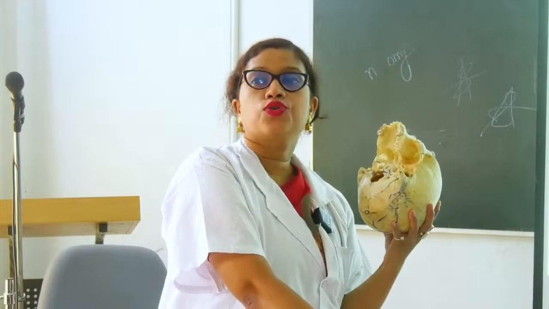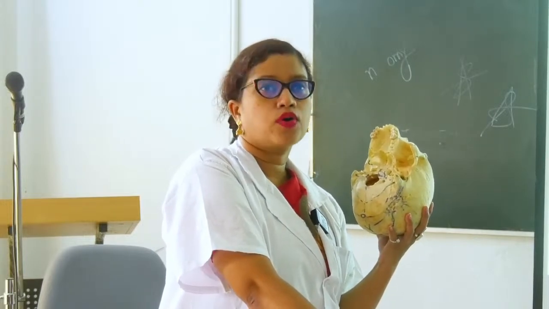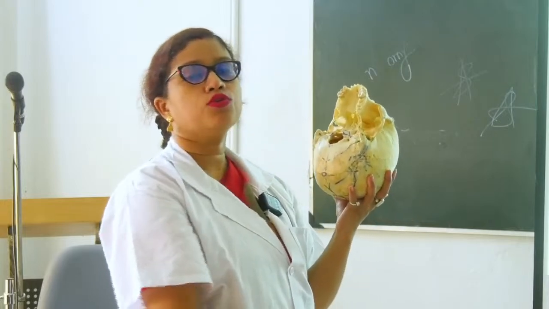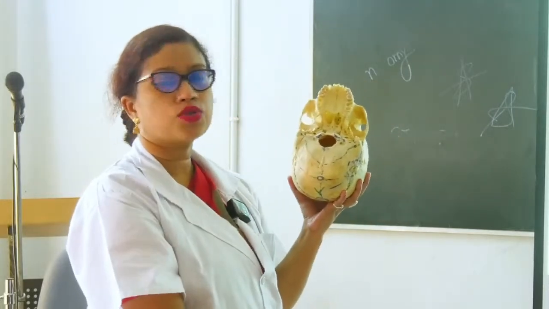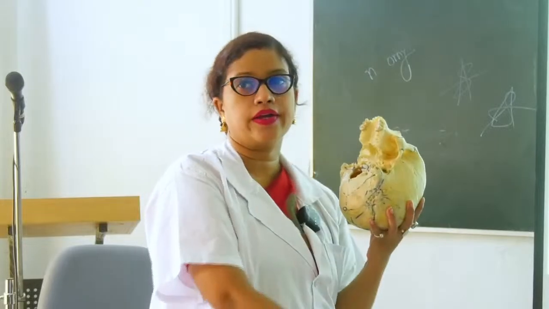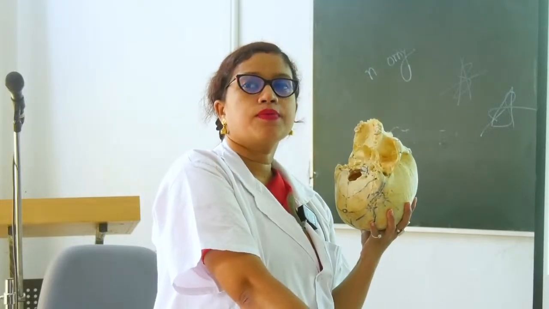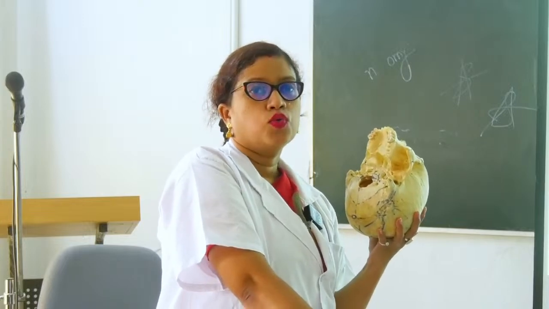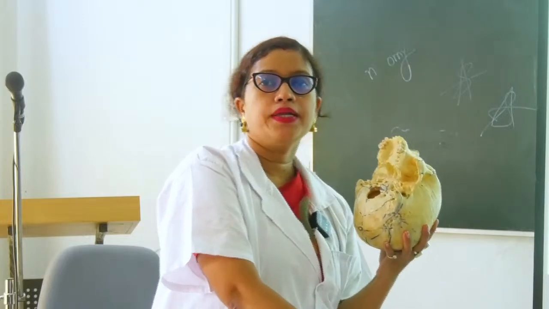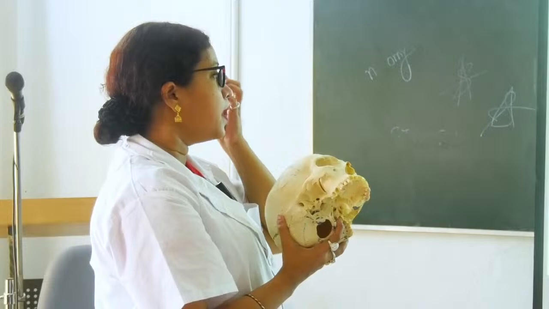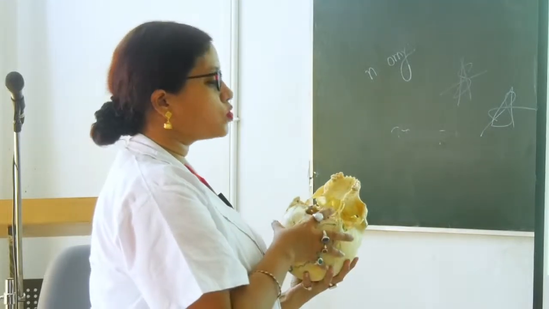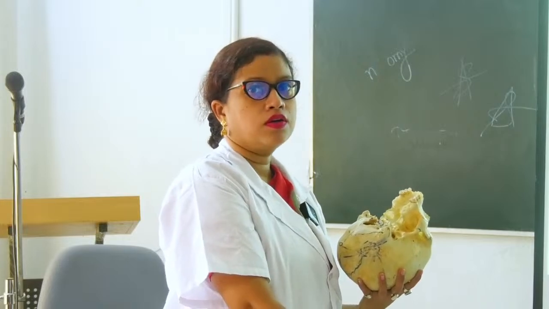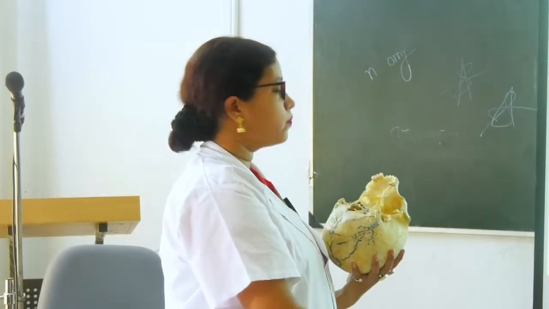Then stylomastoid foramen, this foramen is very important. Why? The facial nerve emerges from the stylomastoid foramen along with the stylomastoid artery. A question could come: what are the contents of stylomastoid foramen? Write it down: the facial nerve and stylomastoid artery.